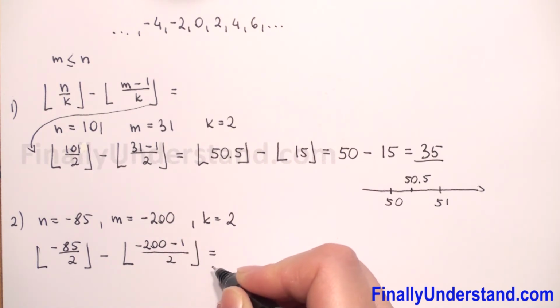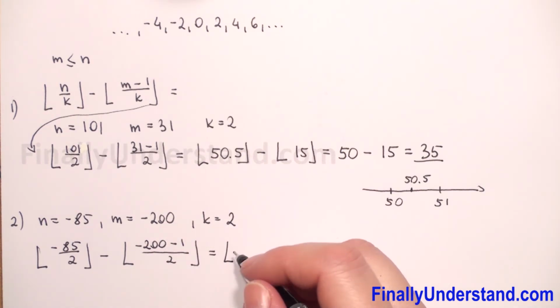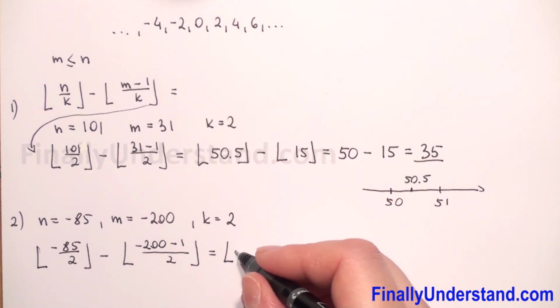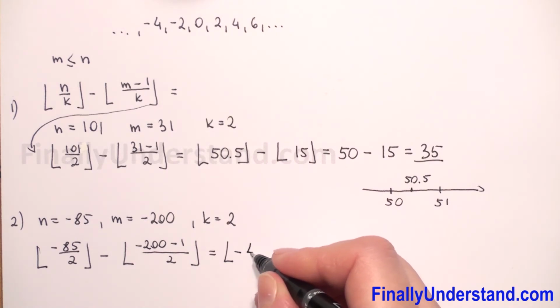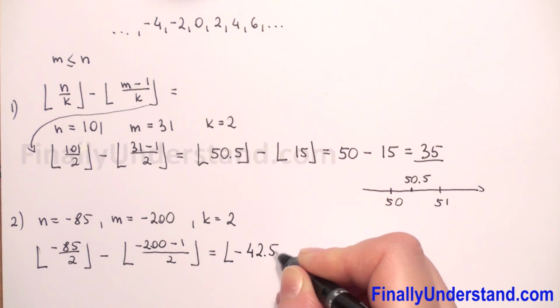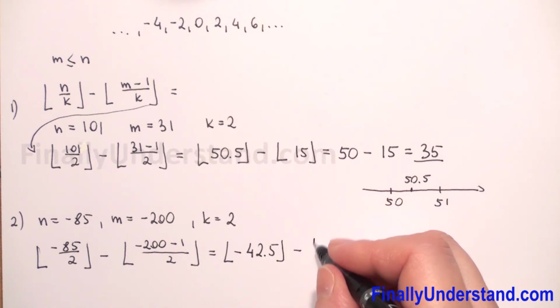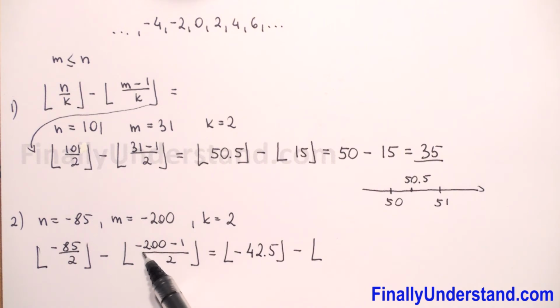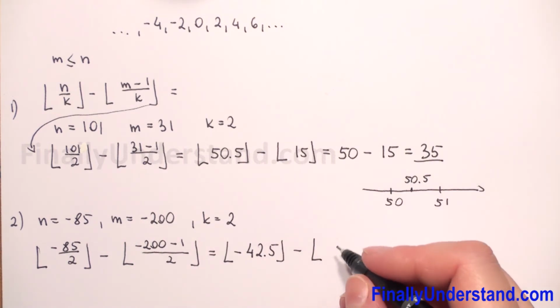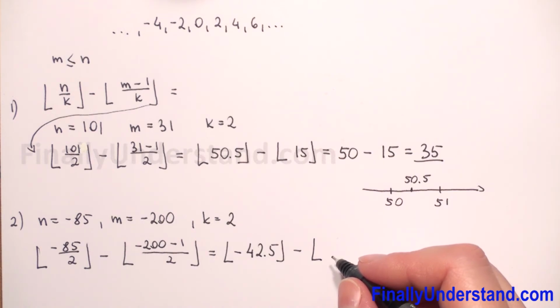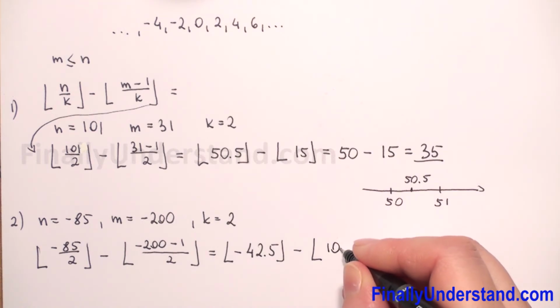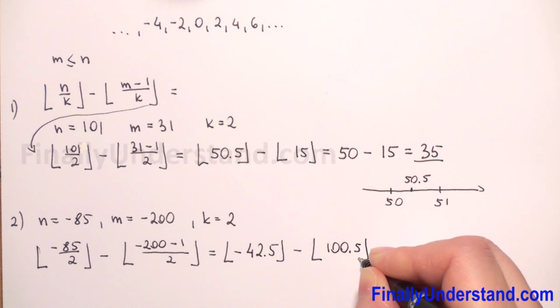So this is equal to floor of 85 divided by 2, which is 42.5, and the negative sign will be copied, minus floor of (-200 minus 1), which is -201, divided by 2, equal to 100.5.